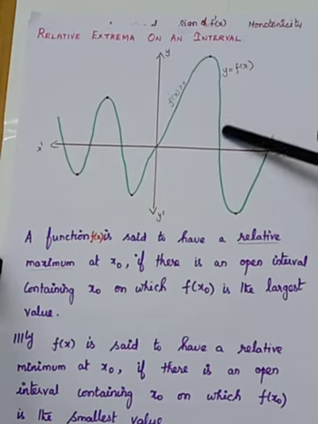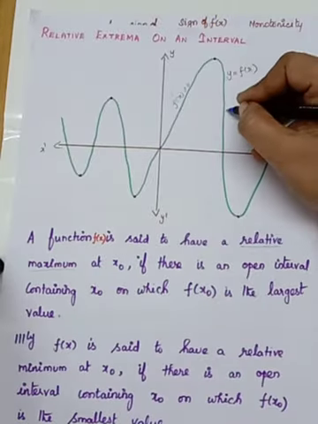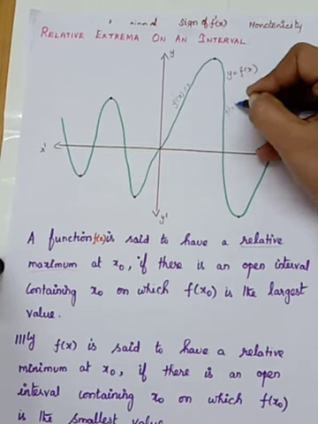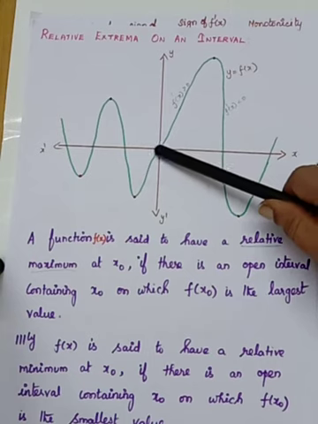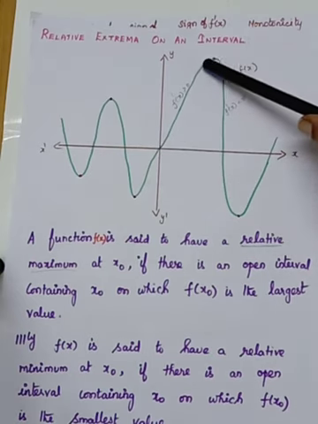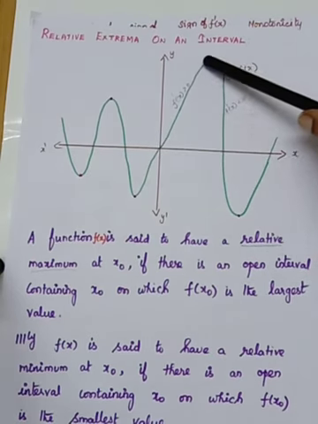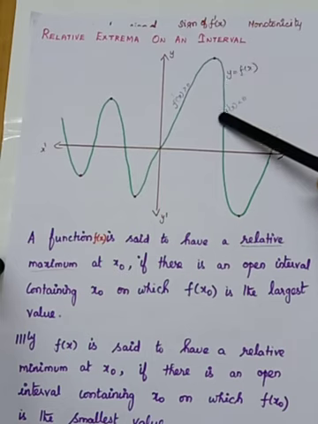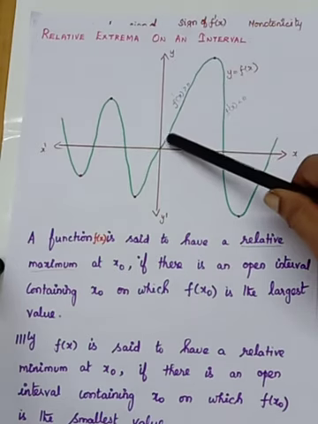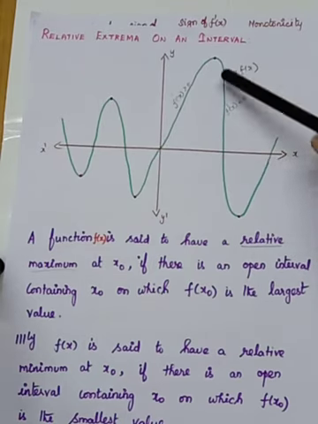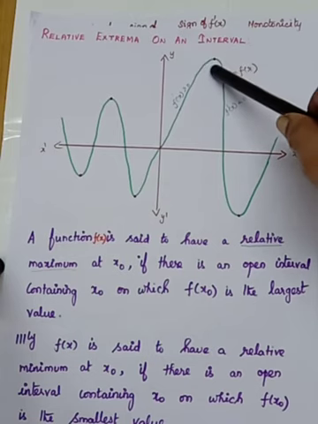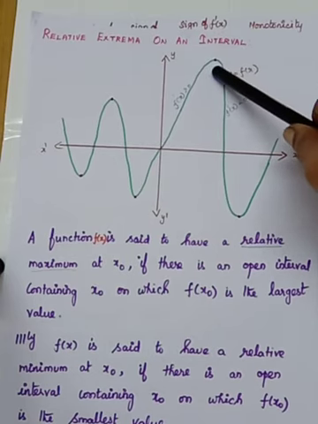The function is decreasing, so your f dash of x will be less than 0. You see that? So here f dash of x is positive, and this side f dash of x is negative. So when f dash of x changes from positive to negative, what you are getting? You are getting a maximum value.